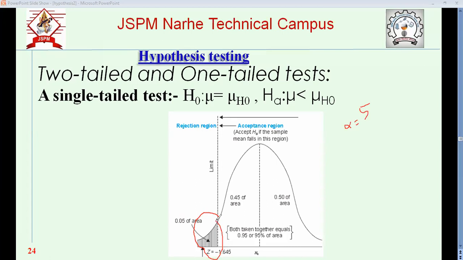In that case, Z will become minus 1.645. So on what basis have you taken this? We'll just go to the table and see why it is minus 1.645.